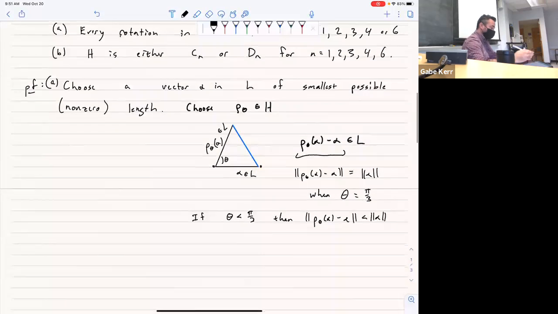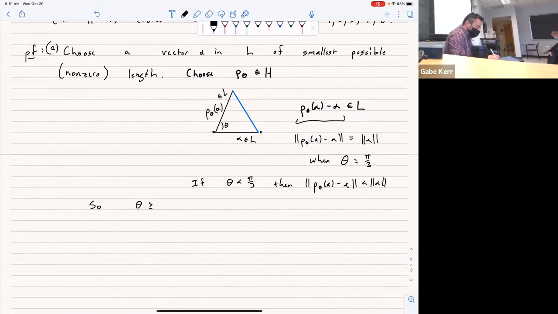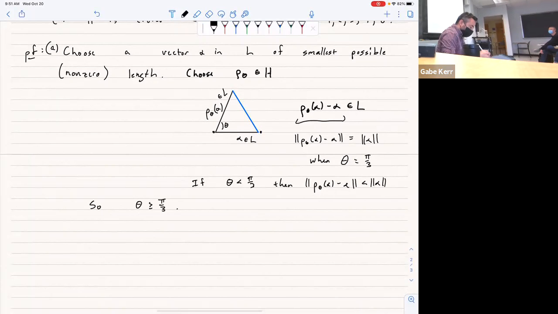So that means that this angle theta must be greater than or equal to pi over 3.